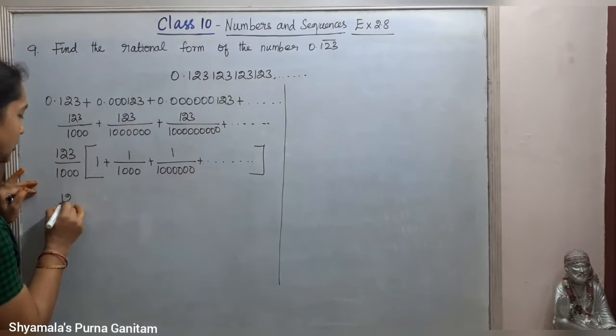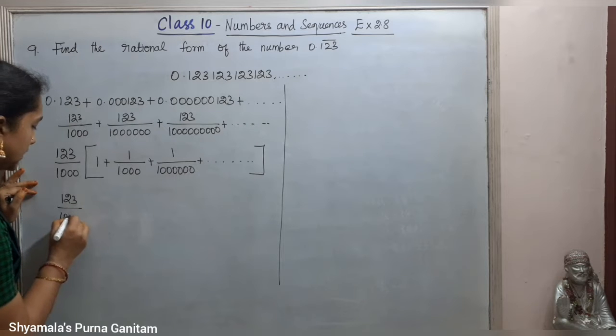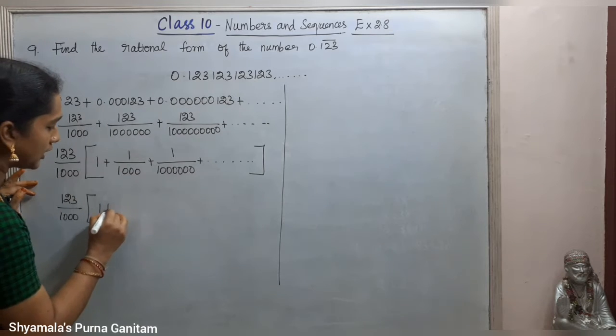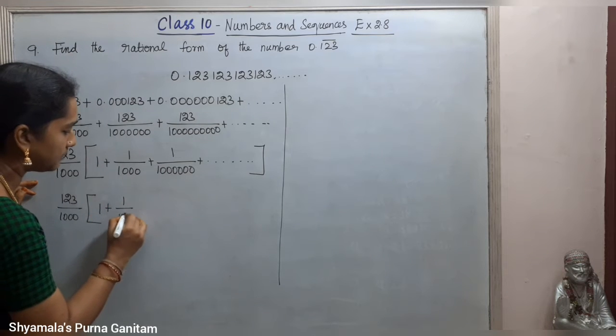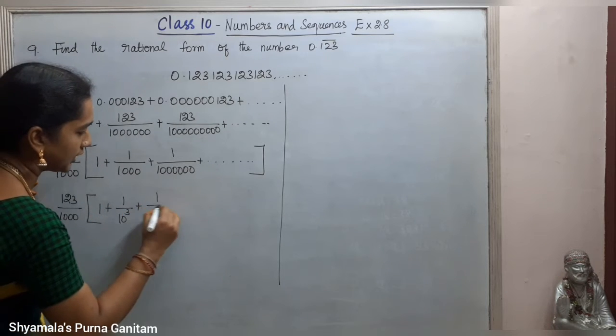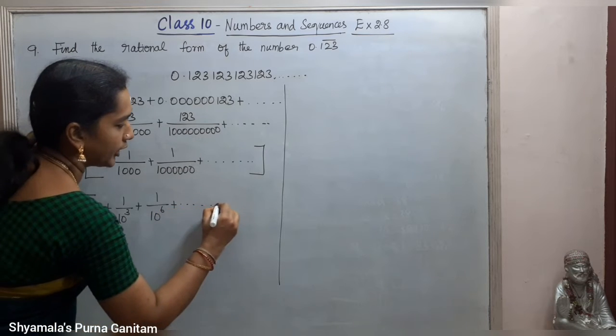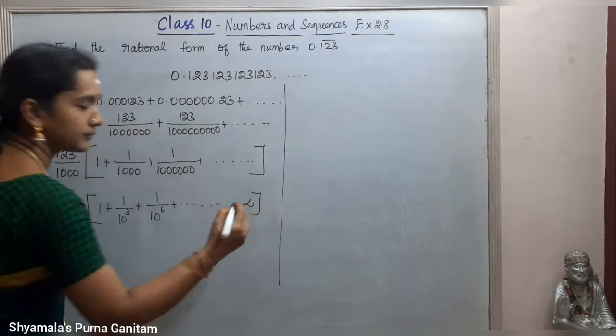So this is 123 by 1000 into 1 plus 1 by 10 power 3 plus 1 by 10 power 6 plus, going on up to infinity.